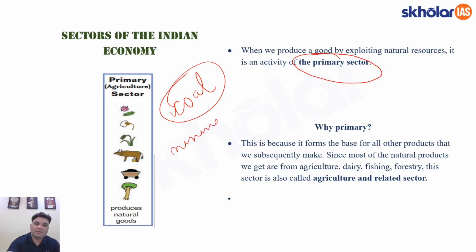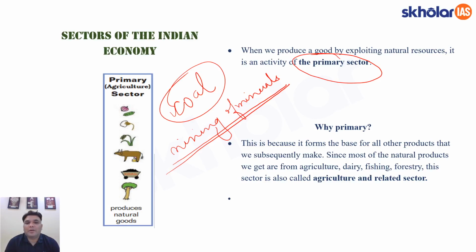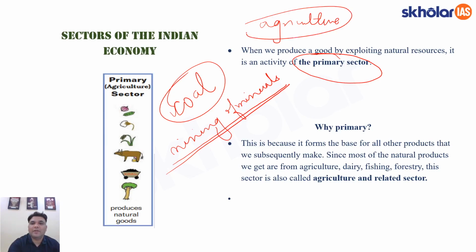Likewise, mining of minerals, that is also categorized as an activity restricted to the primary sector. Why? Because minerals are available in nature freely and naturally, correct? At the same time, when you talk about agriculture, when you talk about horticulture, all of these activities are also classified in the bracket of the primary sector.